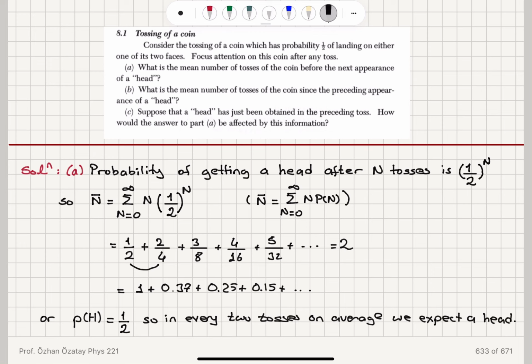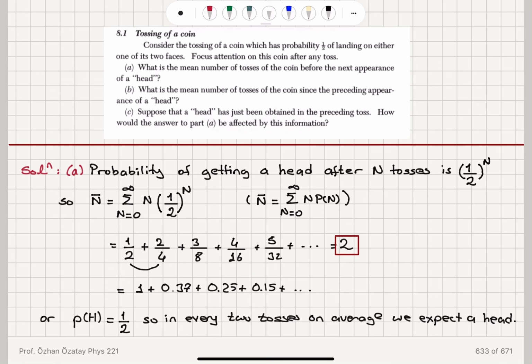Because the probability is 1/2, on average, in every 2 tosses, we expect a head. So we can reach this result. All right, so our answer to part A is 2.